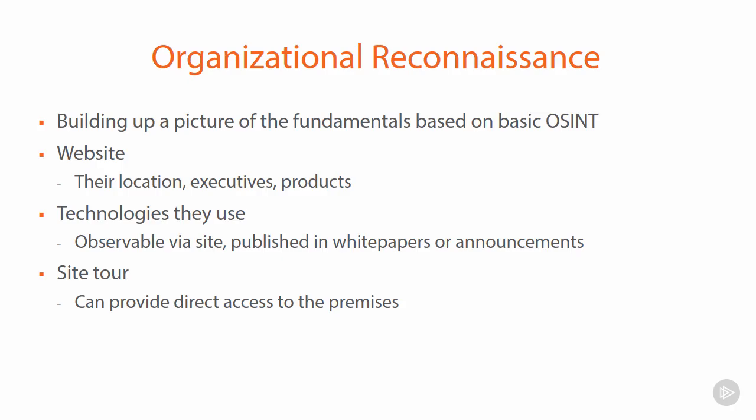All of this helps them build up a picture of the organization. And even though we're talking about very publicly observable attributes, they can be enormously useful. With that understood, let's move on and start to talk about how you would identify very specific targets within an organization.